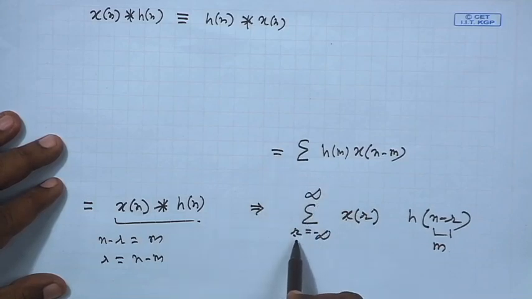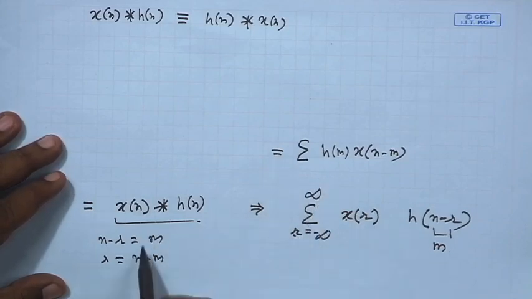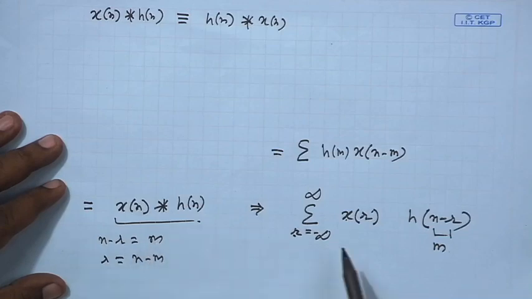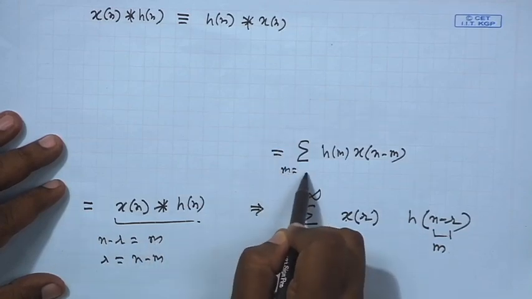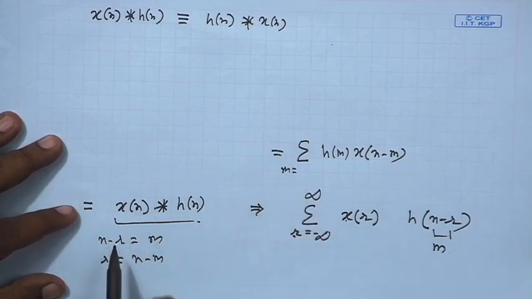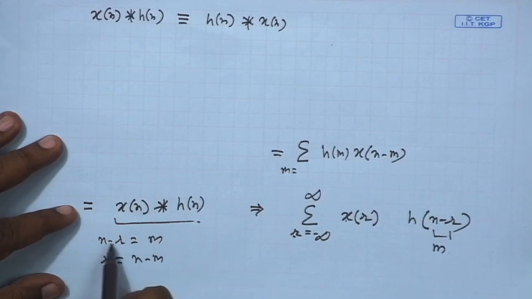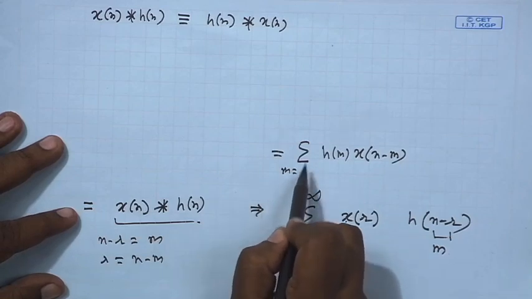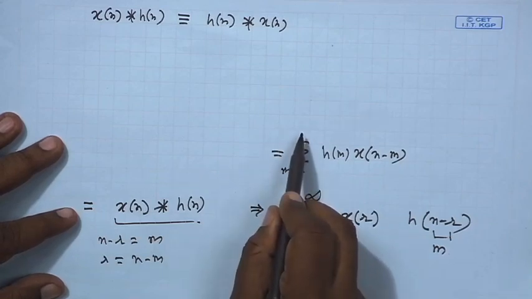Earlier it was over r, now it will be over m. Now, you see when r goes to minus infinity, it is n minus minus infinity, so n plus infinity. So, m goes to plus infinity. And when r goes to plus infinity, n minus plus infinity, that is minus infinity, m goes to minus infinity. That means, it should be from plus infinity to minus infinity, in the opposite direction.